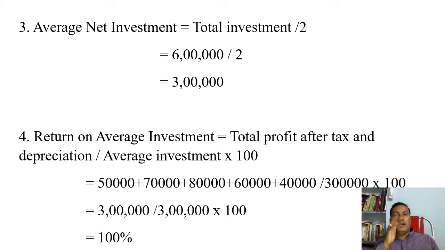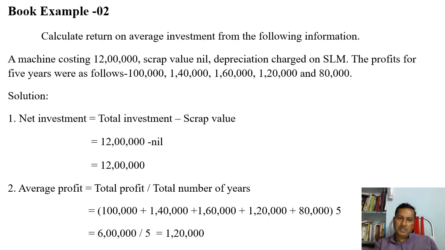Net investment is 6 lakh, but we need average net investment. Here the information is not given, so the total investment divided by 2 becomes the average net investment, that is 3 lakh. Now the return on average investment: total profit after tax and depreciation divided by average investment. Total profit is 3 lakh divided by average investment 3 lakh into 100, it comes to 100%.